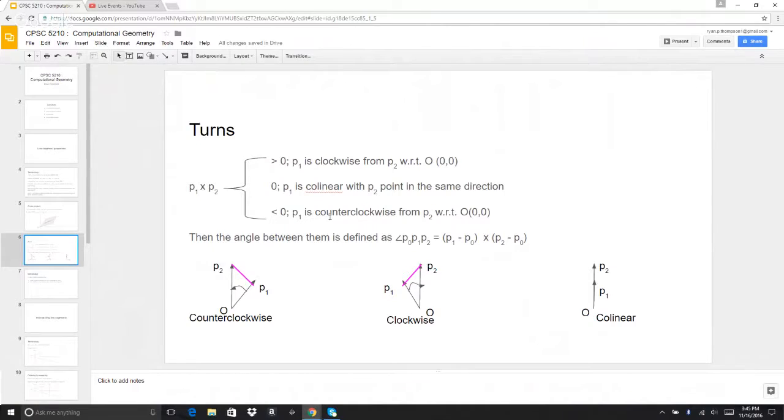Now, if the cross product is less than 0, then P1 would have to rotate the opposite direction of a clock's rotation, or counterclockwise, to get to P2. And these are all important criteria later, especially when we look at a convex hull that relies on this notation to keep a standard of criteria evaluation between points.